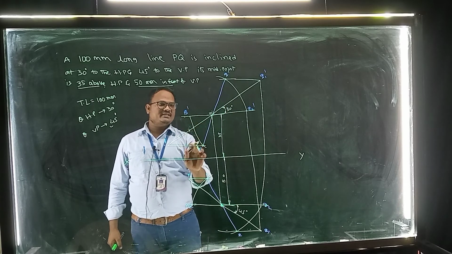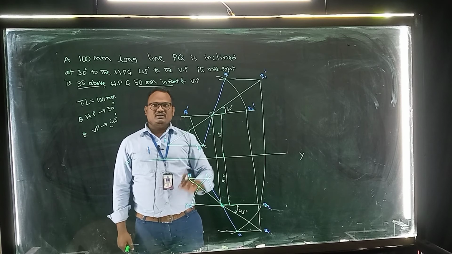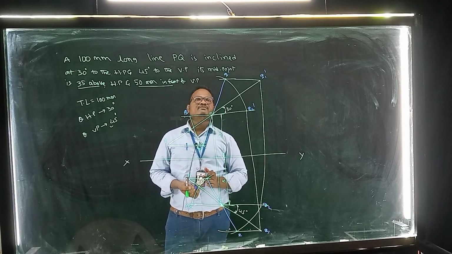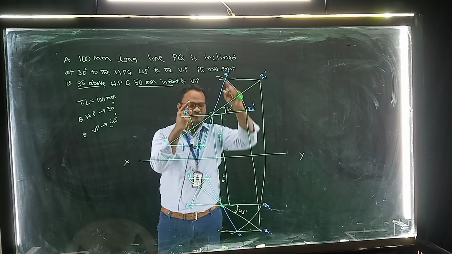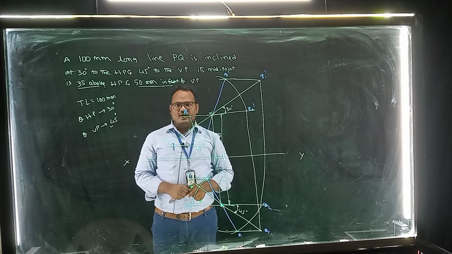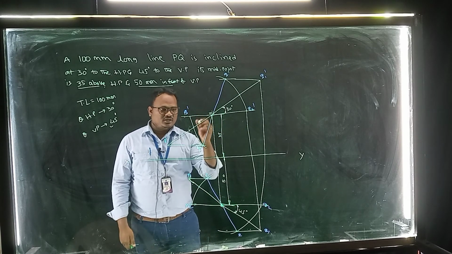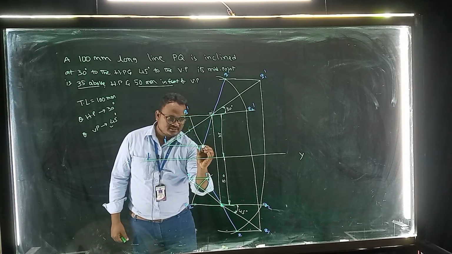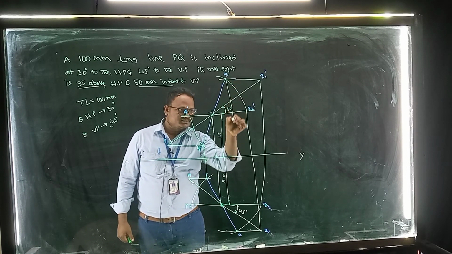So like this way you will get a final front view and a final top view by using the midpoint 35 mm above HP, 50 mm in front of VP. One thing is confirmed: the final front view and final top view we have to get in a single straight line. If you draw as per the dimensions accurately, you will get these two end points in a single straight line.